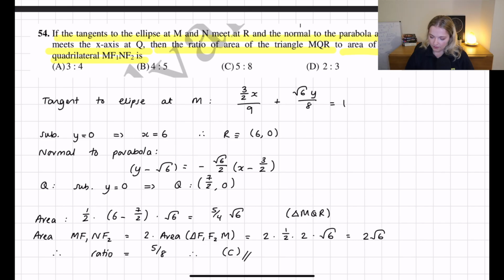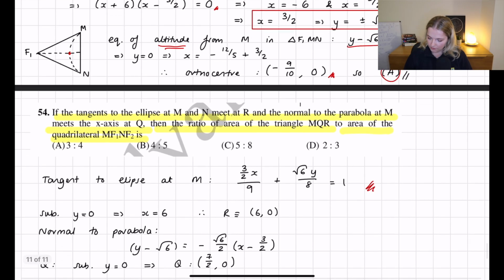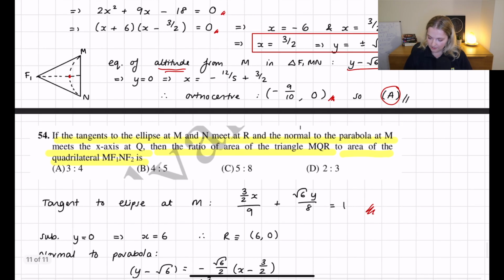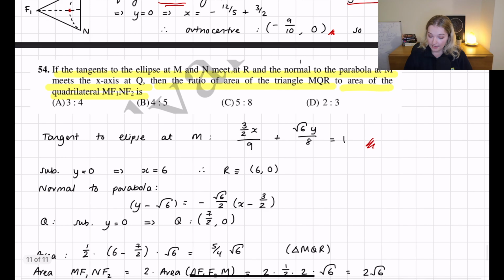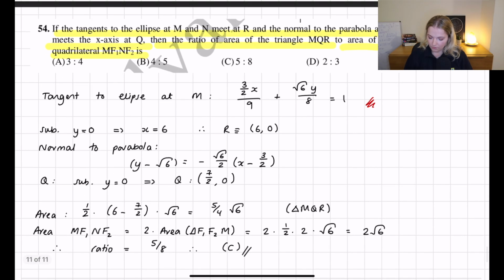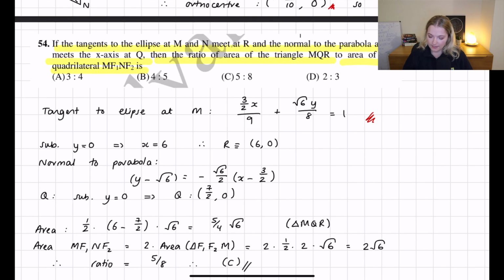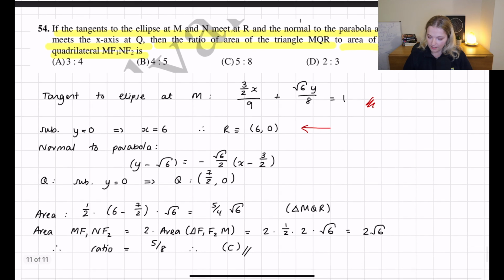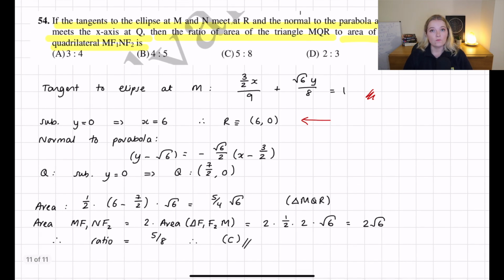The first thing we can do is calculate the tangent to the ellipse, which gives us this value here, by substituting in the values for x and y that we found at the intersection. So we know the tangent to the ellipse, then we substitute y equals 0, and x equals 6, because we're looking at when it meets the x-axis, and therefore we deduce that R is 6, 0.